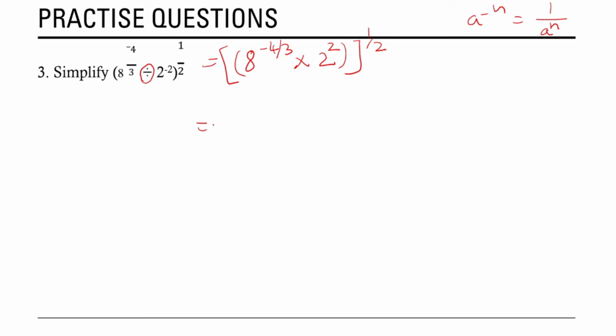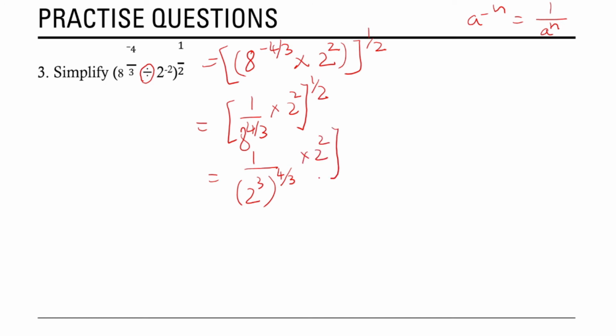So it is 1 divided by 8 raised to 4 by 3 into 2 square, the whole raised to half. As I already told you, the value of 8 is 2 cube. So it is 2 cube the whole raised to 4 by 3 into 2 square, the whole raised to half. So this is 2 square divided by 2 cube into 4 by 3.